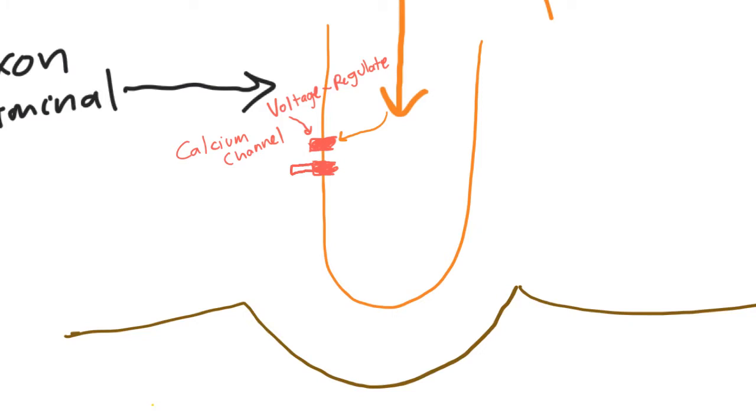And because calcium is in higher concentration outside the cell, what's going to happen? It's going to go inside the cell. And what process of transport would that be called? Okay, it would be called facilitated diffusion, because it's facilitated by the channel.